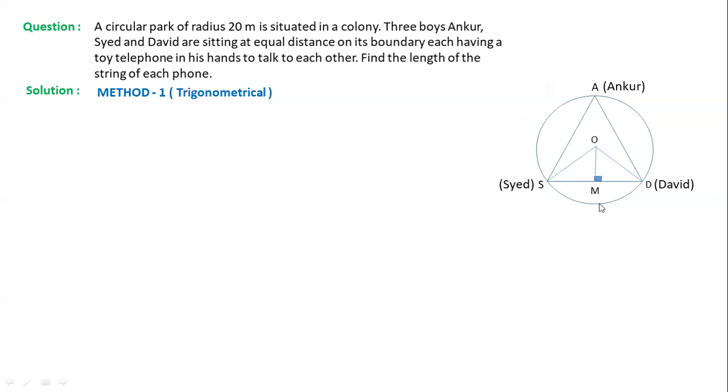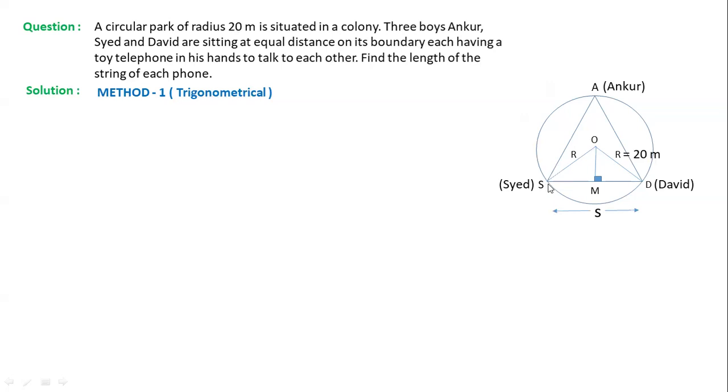Let us take this as M. So OM is perpendicular to SD. This is the radius, and this is also radius. It is the same circle, so the radius will be equal. The radius is 20 meters, as given in the question.